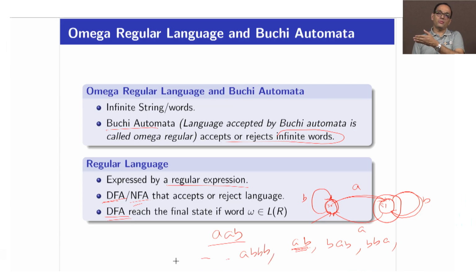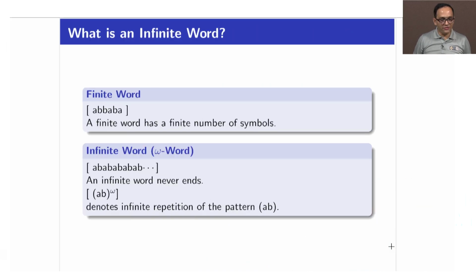There will be an infinite number of words accepted by this particular automaton, and you see every word is finite, it has a finite number of letters, right. These are the finite words, and the automaton that accepts this kind of finite words is the deterministic finite automaton. Then what is an infinite word?